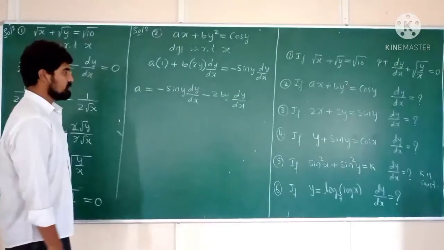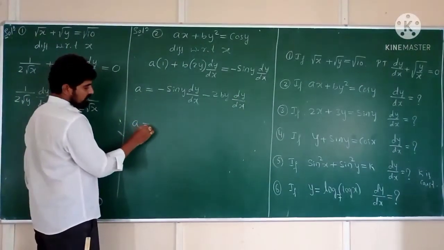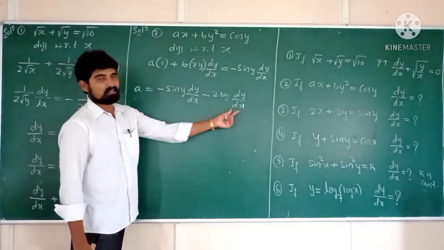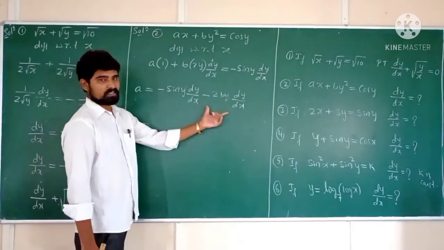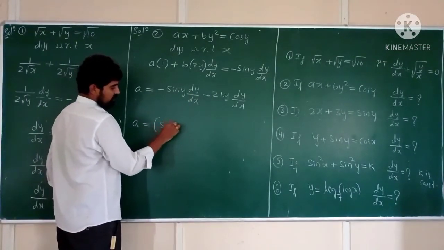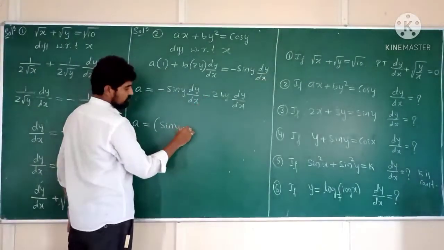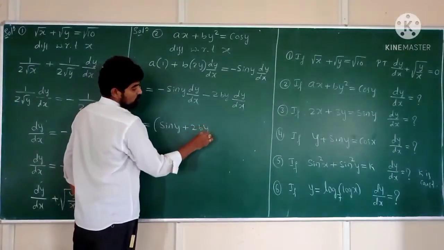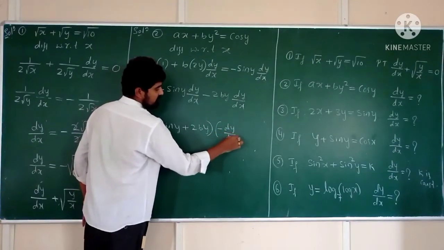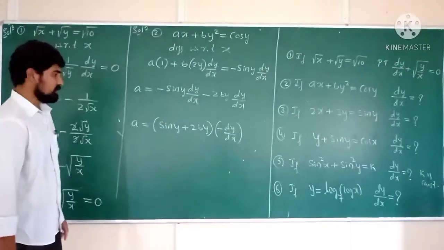I hope all of you understand. So therefore a is equal to, if I take minus dy by dx as common from these two terms, the remaining term in the first term is sin y. We are taking minus as common, therefore plus 2by into minus dy by dx. I hope all of you understand.